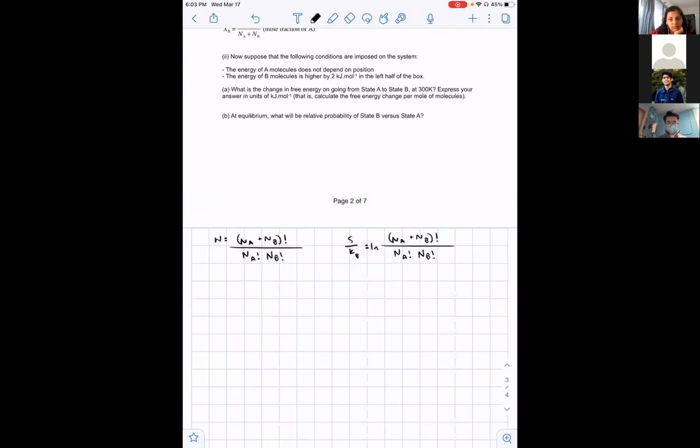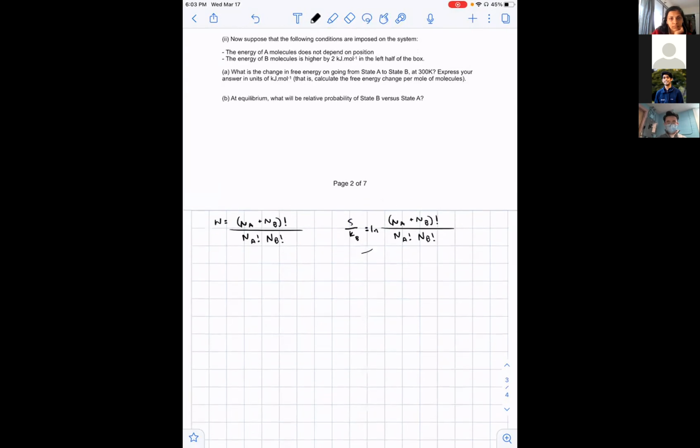And we can keep going and use Stirling's approximation.